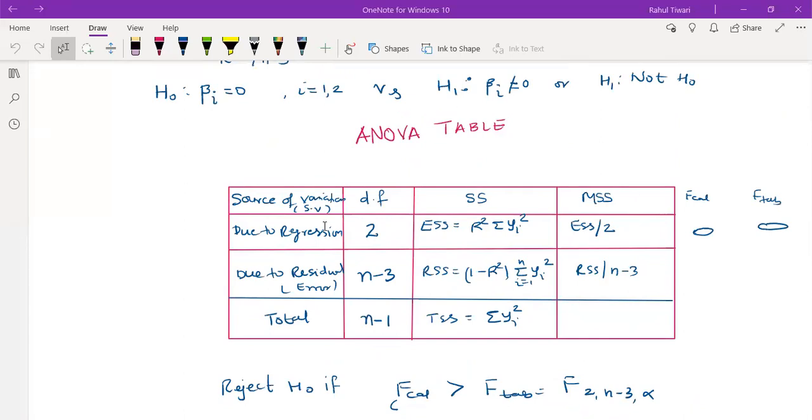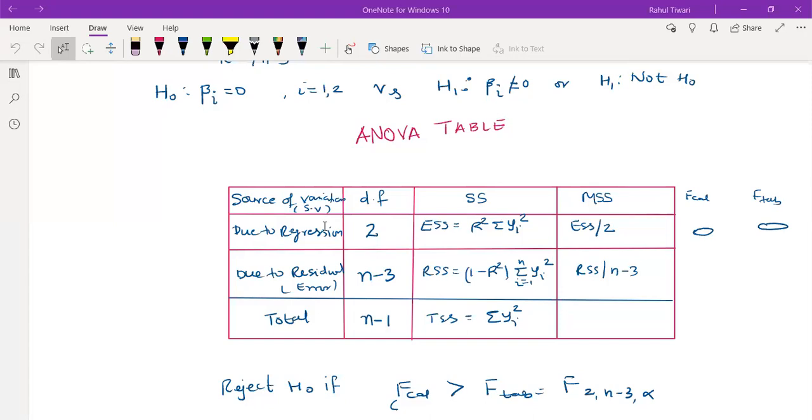So my entire variability, my entire variance, is split into two parts. One will be due to regression, and the other one will be due to residual. Okay, so total variation is split into two parts.